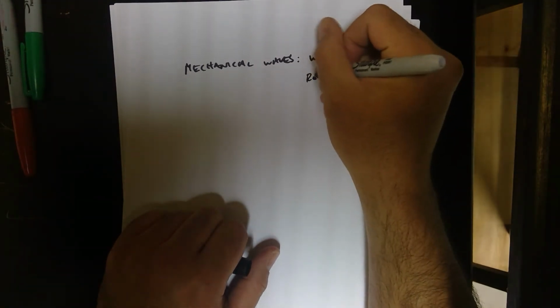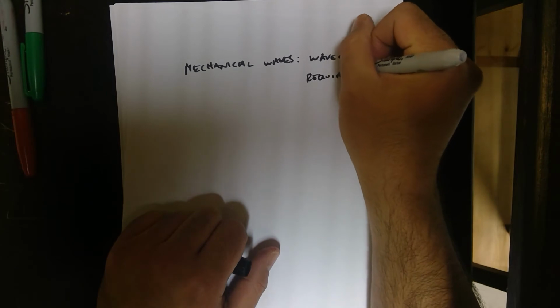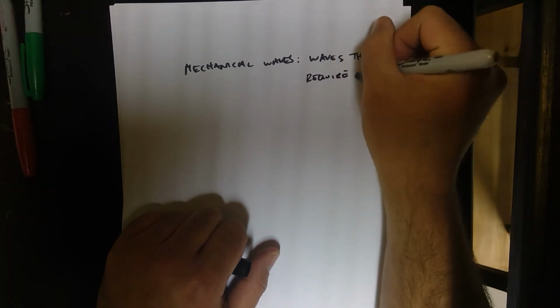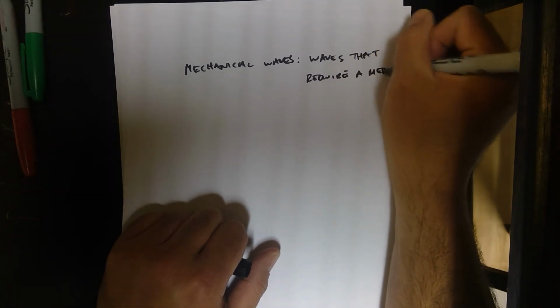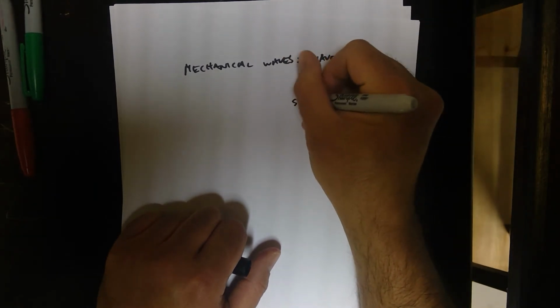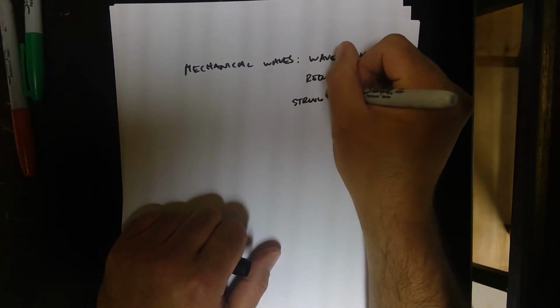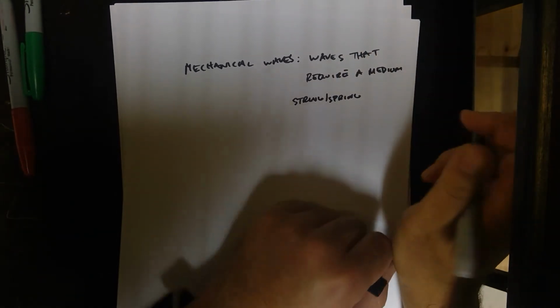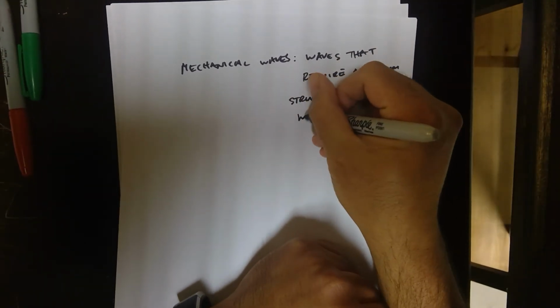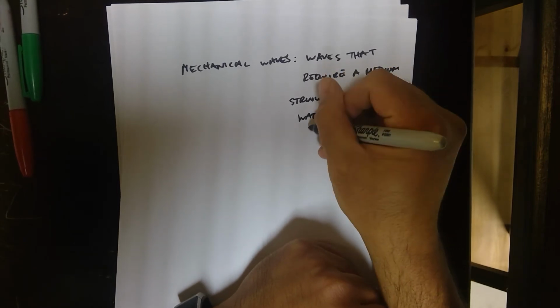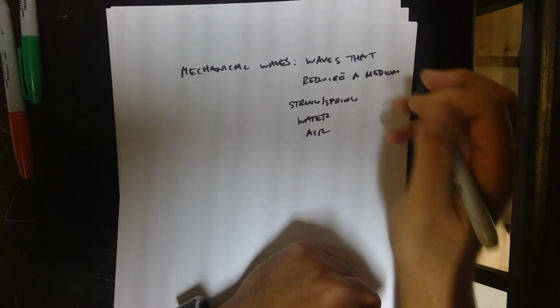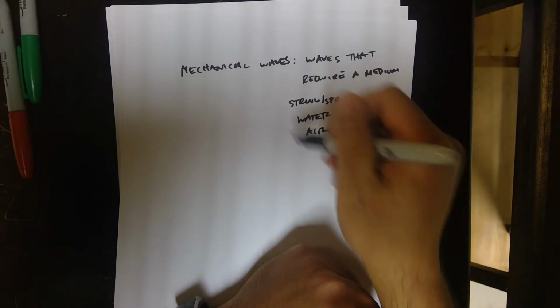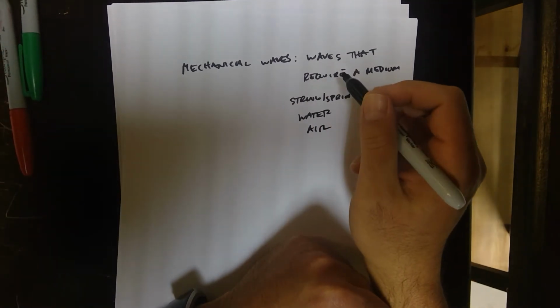That could be a linear medium, it could be a nonlinear medium, but it has some sort of physical medium. What am I talking about? String, like the app. Spring, like the slinky. We could do water. For the sound, it was air particles. You don't have to be able to see the medium. All these things are physical mediums.